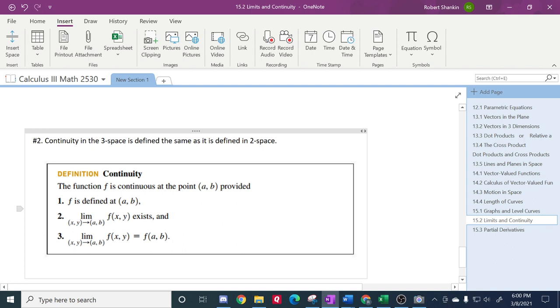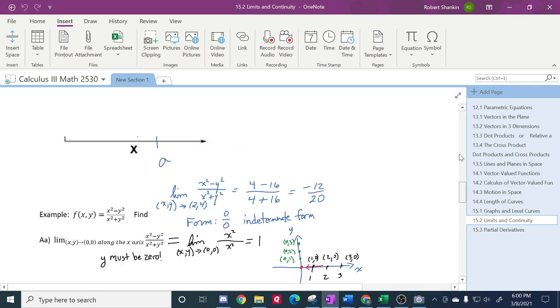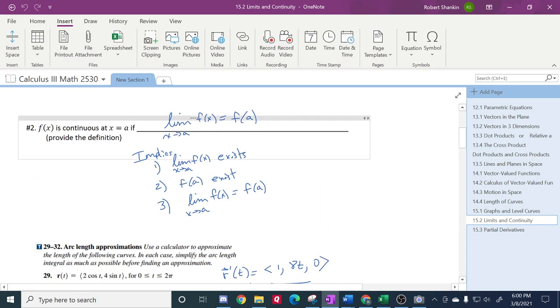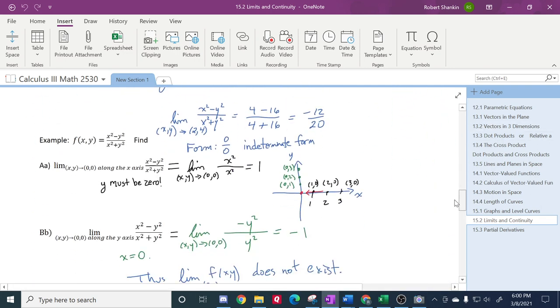Function f is continuous at the point (a, b) on the floor, in the xy plane, provided that, now they could have just said the limit is equal to, just like we did over here. And we could have said the limit equals this, but they instead wrote the three different things that apply.